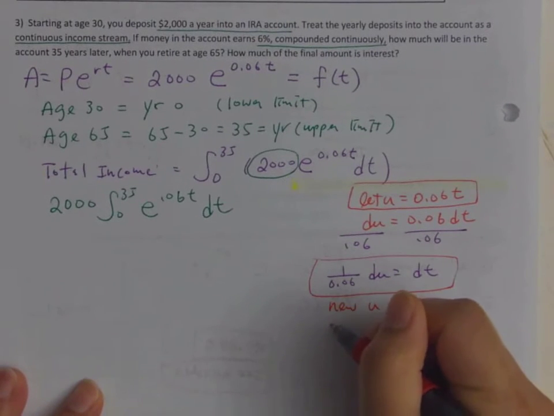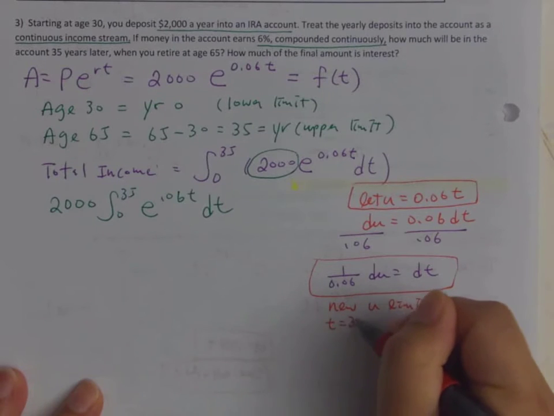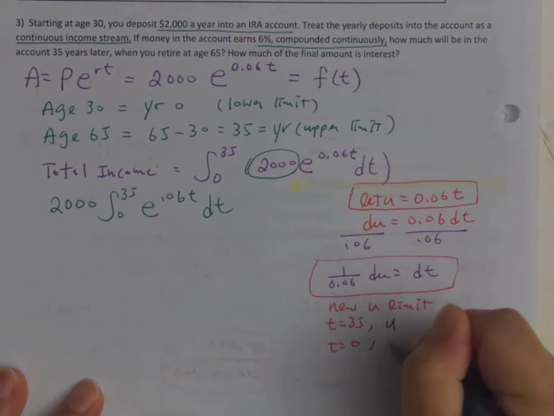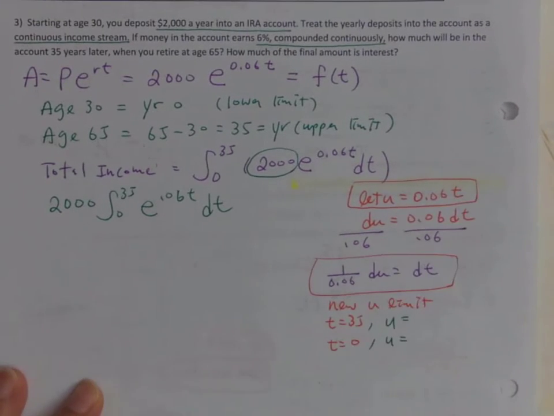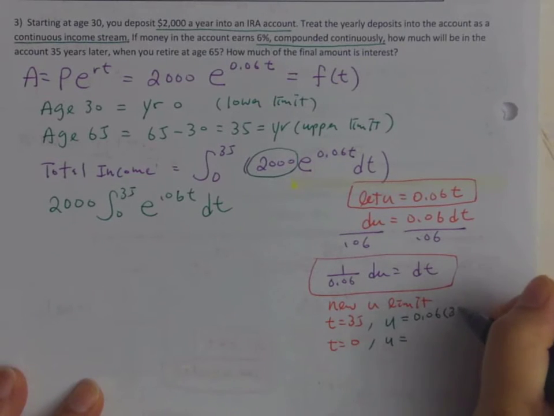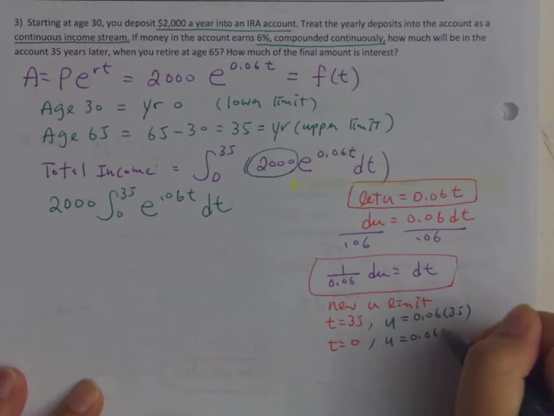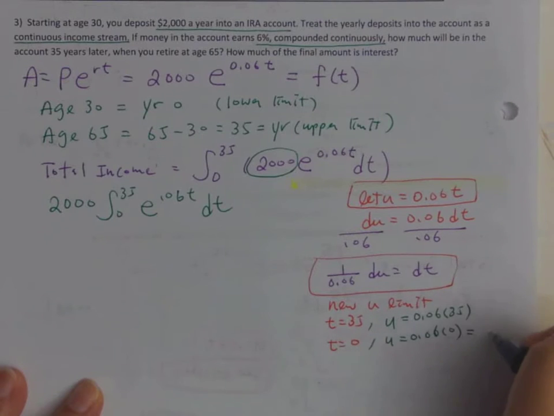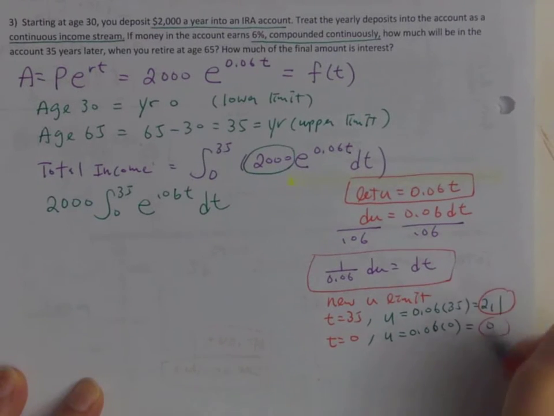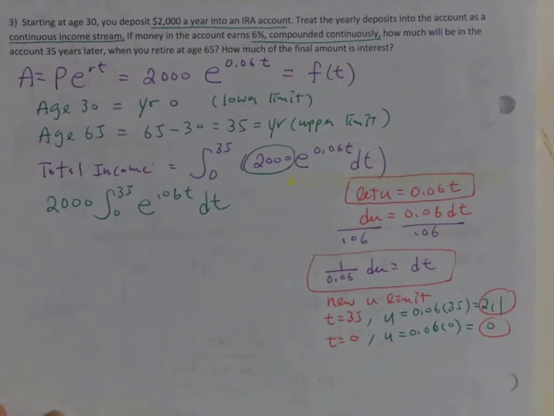Okay, so I have t equal to 35 years and t equal to 0, and use my u function, which is 0.06 times my t. So one is 0. The other one is what? 0.06 times 35 is 2.1. So those are my new limits.